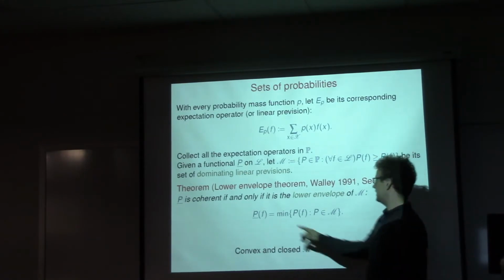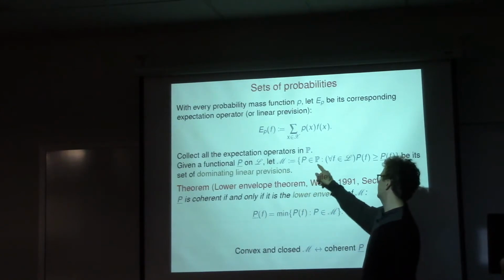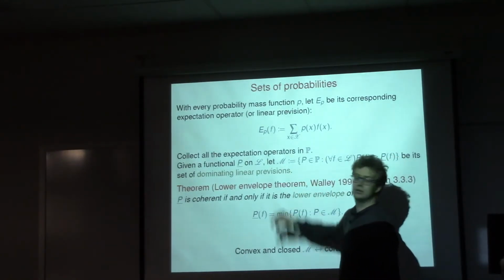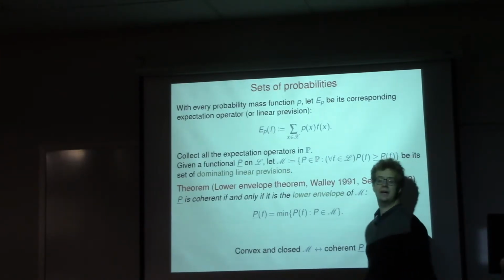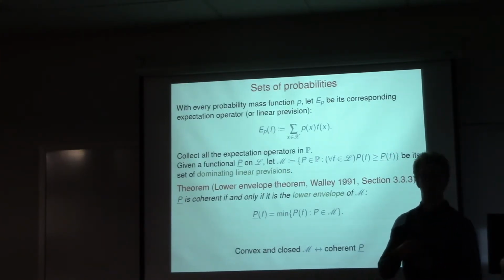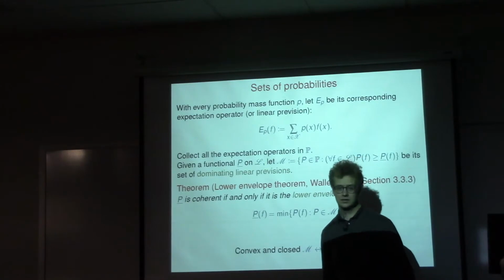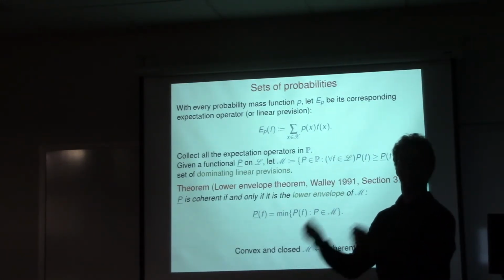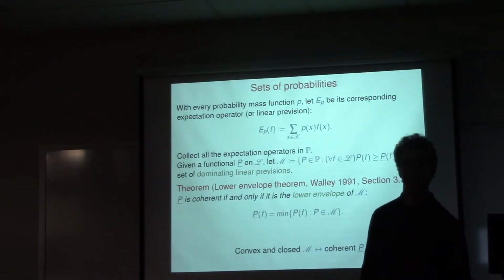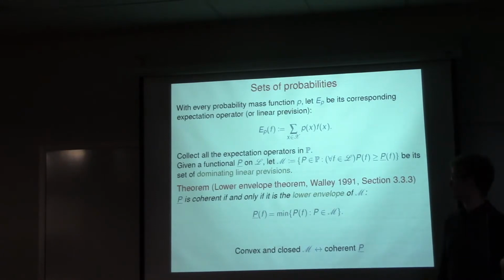You take any gamble, and it's the minimum of all the precise previsions, letting this minimum run over M. This theorem shows that a coherent lower prevision is equivalent to a convex and closed set of probabilities. So in this way, I have connected sets of desirable gambles with convex and closed sets of probabilities.